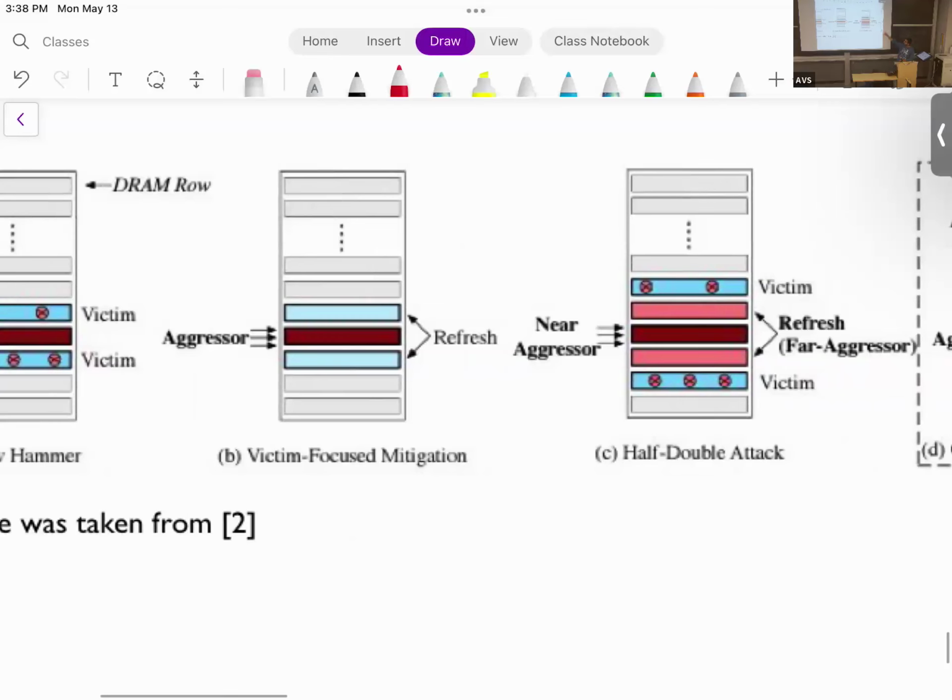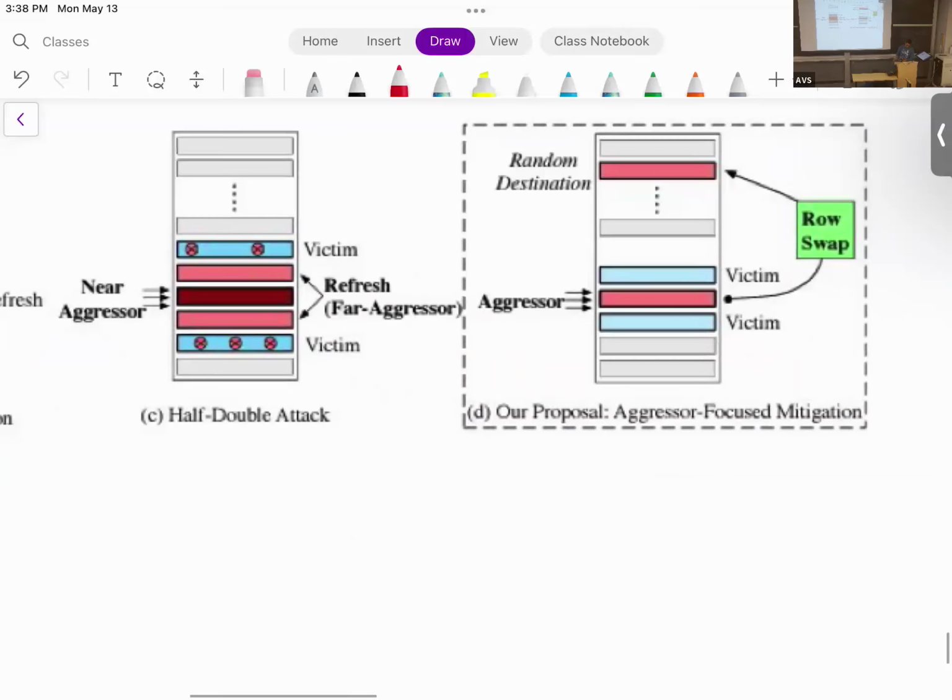But as you refresh, the refresh itself has a negative impact on the next row. So what people have suggested is, if I see a lot of requests to one row, I can do what we call a row swap. Essentially, it takes a row and moves it somewhere else.